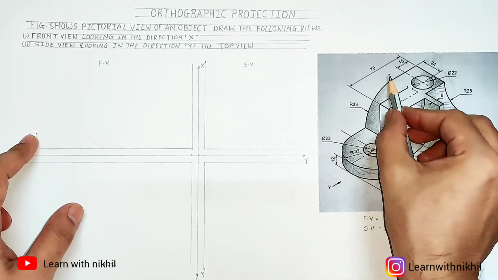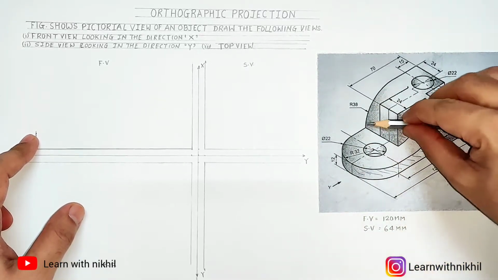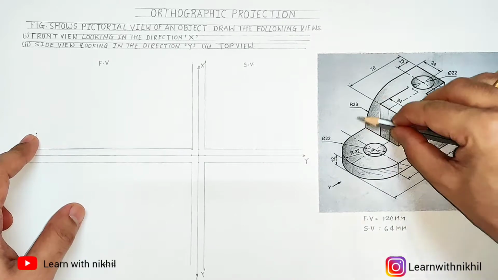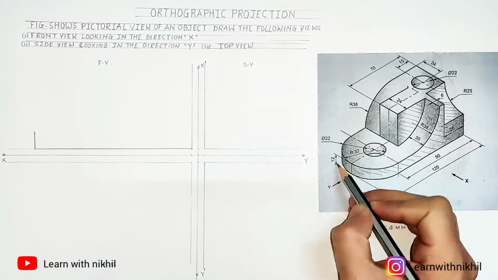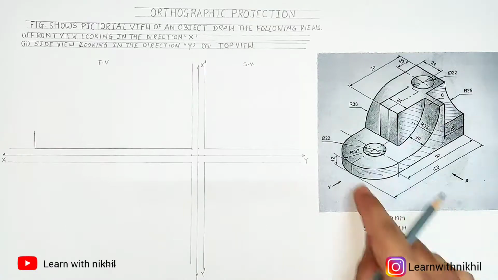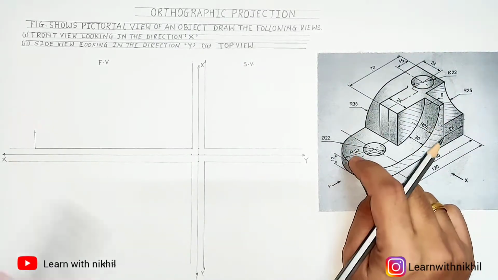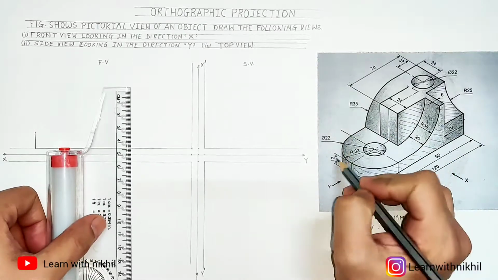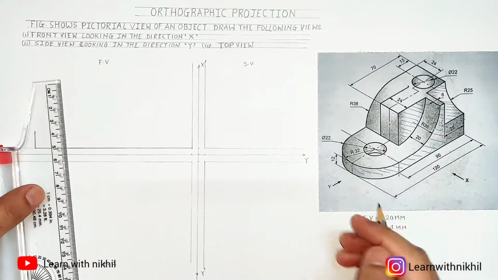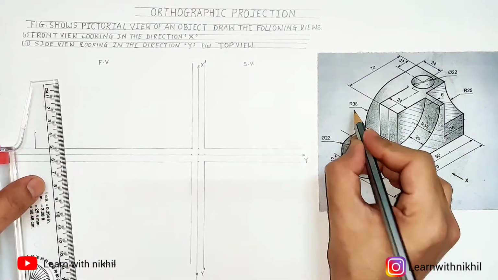So curve part height will be 38, and the total height of the figure will be 38 plus 12, that will be 50 millimeters. So the total height of the image will be 50 millimeters.